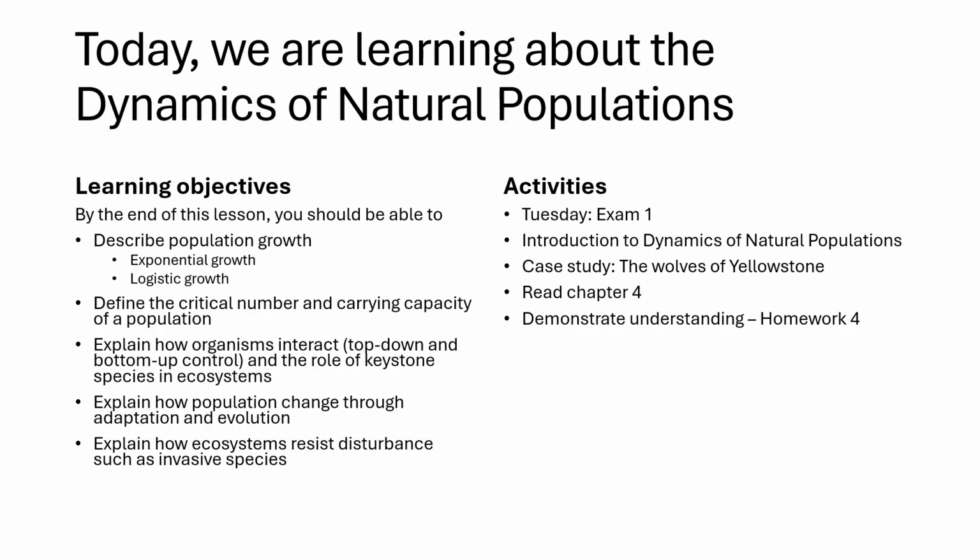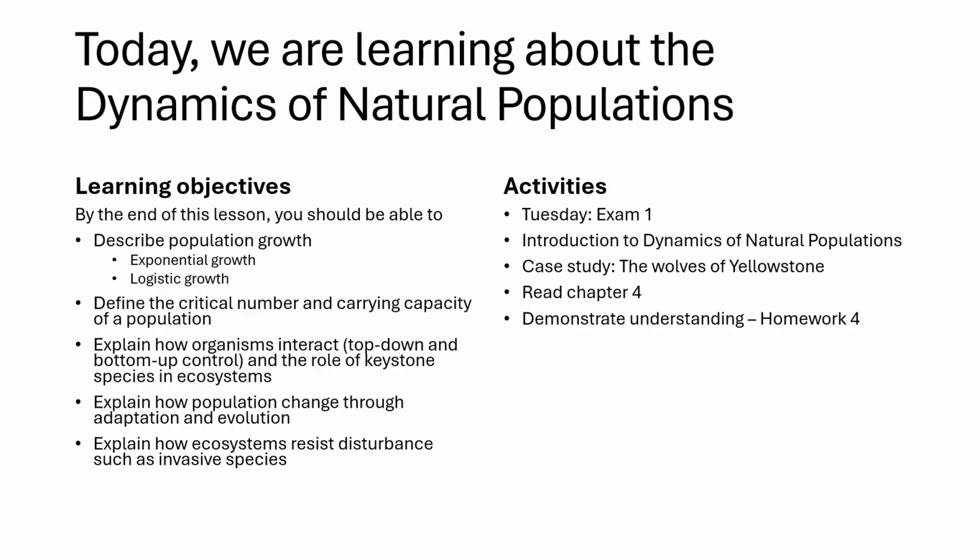You should be able to define the critical number and the carrying capacity of a population, explain how organisms interact and the role of keystone species in ecosystems, and explain how populations change through adaptation and evolution. Remember that evolution is at the core of biology. And then explain how ecosystems resist disturbance, such as invasive species.